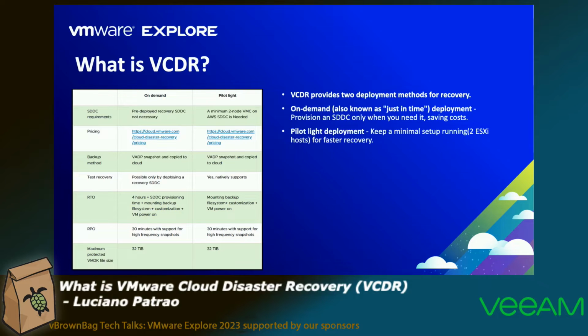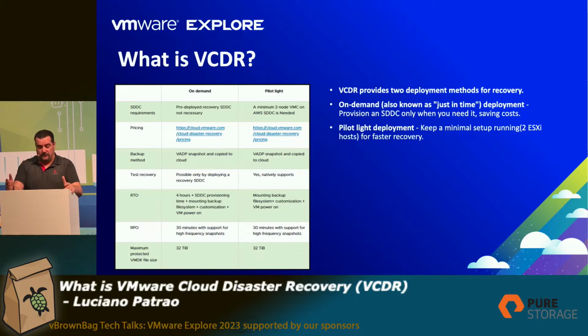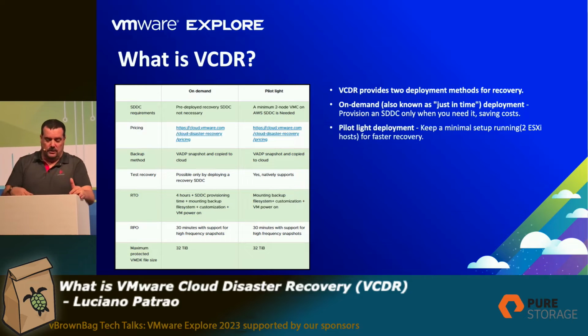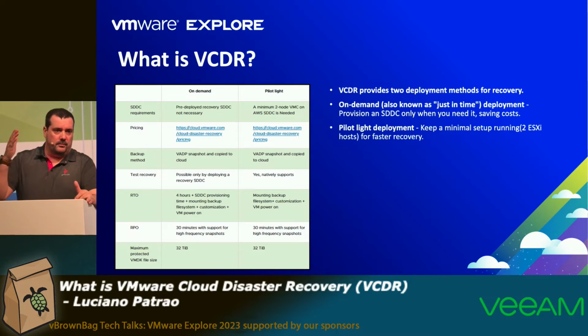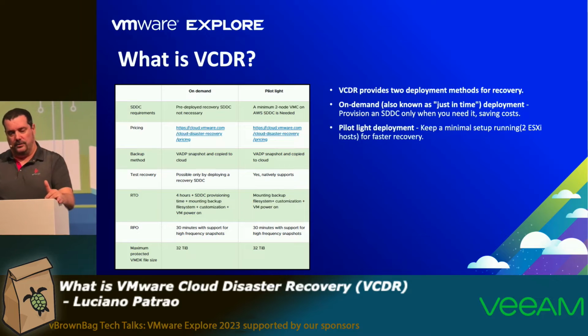This is more costly, but you have faster recovery. In this case, we have 4 hours for on-demand, 4 hours for deploying the DR site, and also the time that you need for your VMs running in your environment.